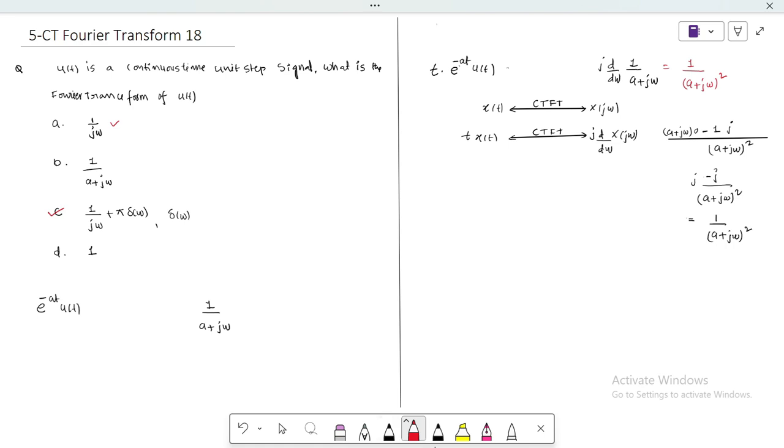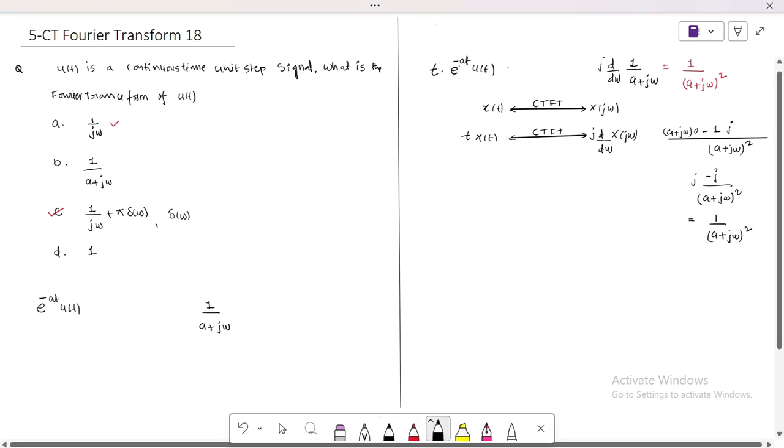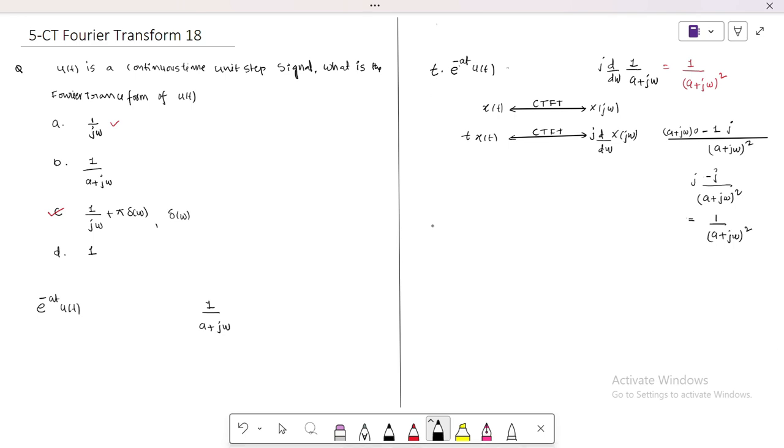Next problem, next Fourier transform. Now one time only it is multiplied. The next one is t square into e power minus a t into u of t. Here we can write t into e power minus a t into u of t.